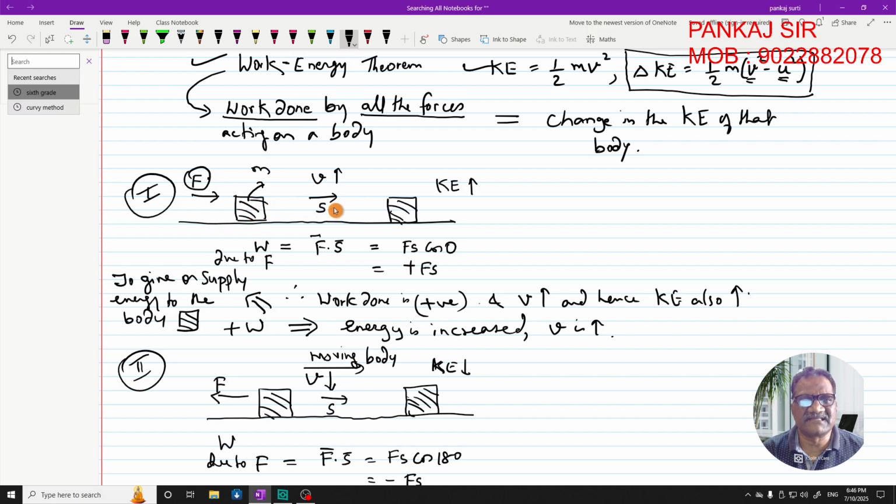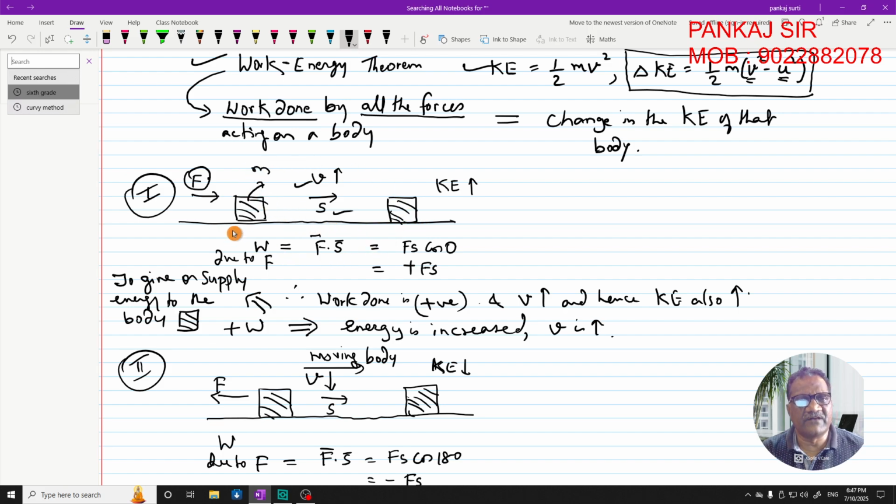When this body is accelerated, obviously there will be some change in velocity taking place. So the velocity of this body will slowly increase, and this velocity will make the body displace or move. Let the velocity introduced into this body be v, and the displacement taking place be s.